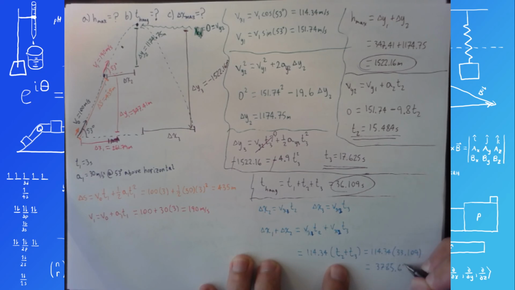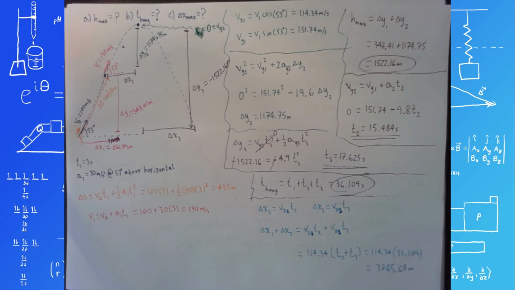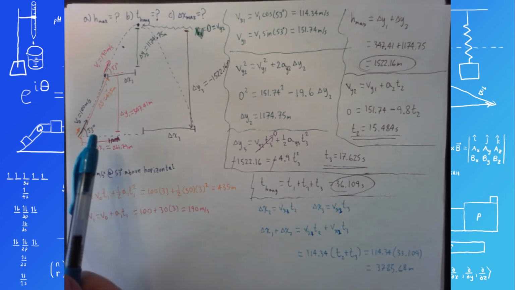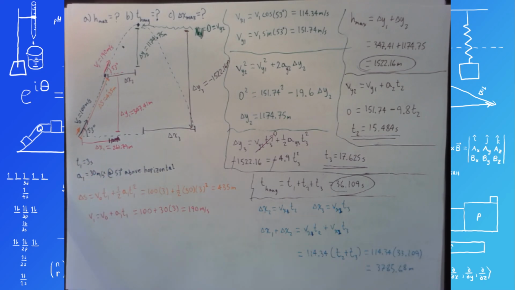3785.68 meters, that is the total horizontal travel after the engines are cut off. We then need to add delta x1, 261.79, to that. And if I do that, 3785.68 plus 261.79, I get 4047.47.